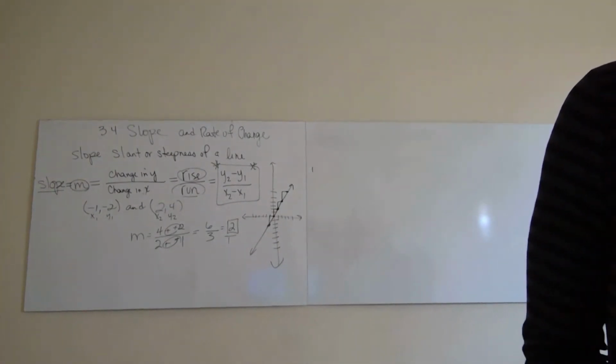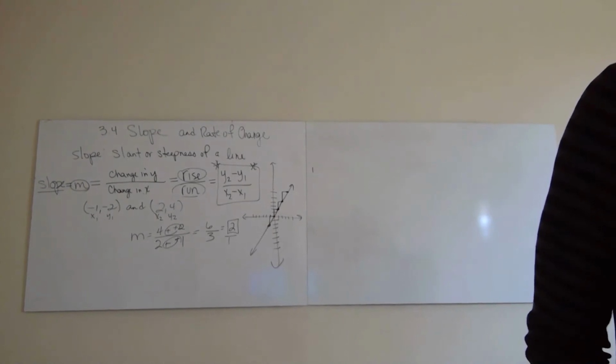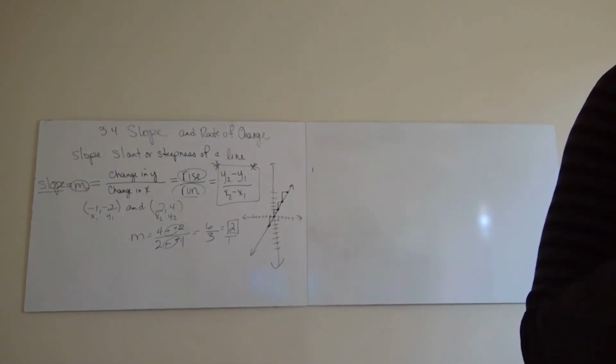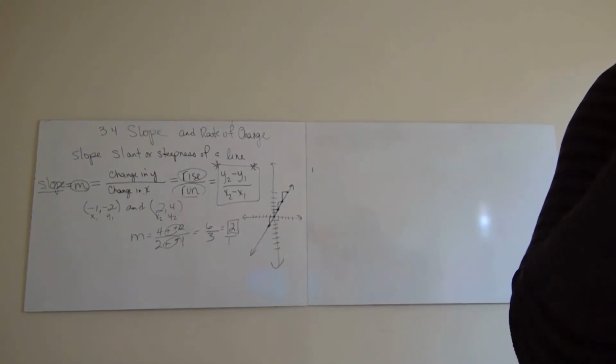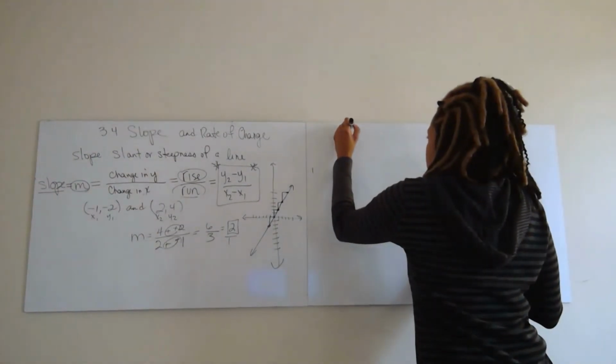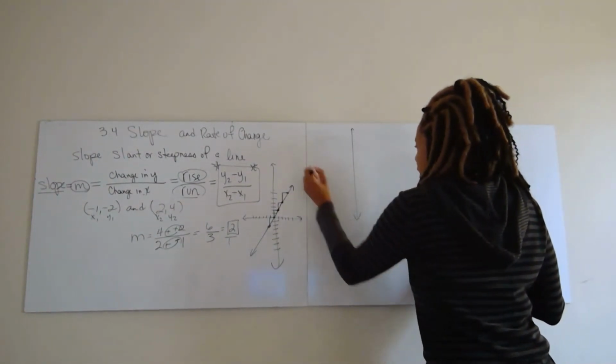So let's look at one more slope. All right, let's find the slope from the graph.